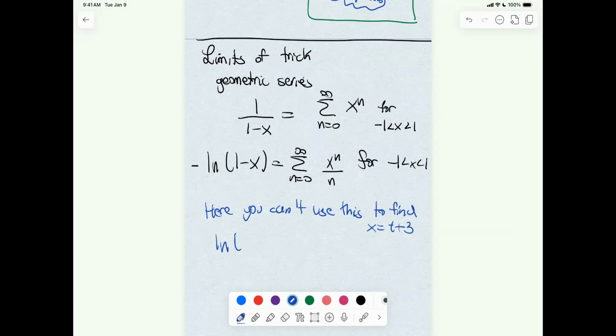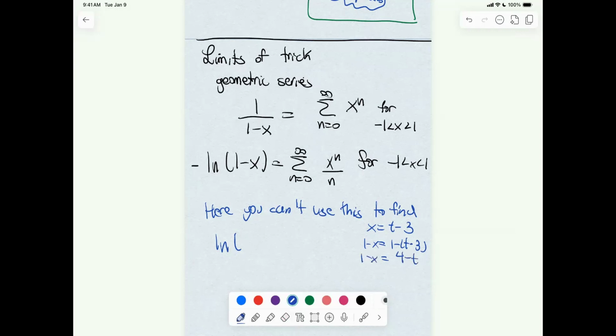Then if I took x to be t plus 3, what is 1 minus x? It would be 1 minus t plus 3. So let me just put t minus 3 here, so that I don't have to work with a bunch of negative numbers everywhere. So that becomes 4 minus t.